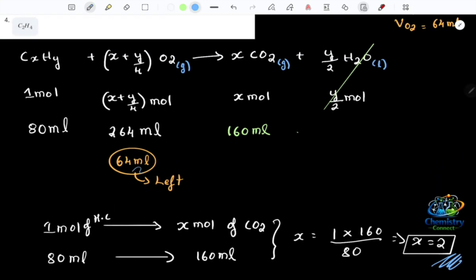64 is left. That means we had 264 ml. Only 64 is left, so how many ml has been consumed? 200 ml of oxygen has been consumed.